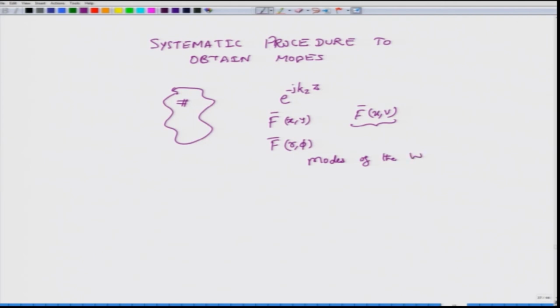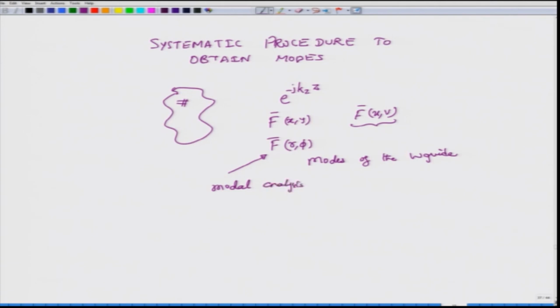The procedure that we are going to follow to obtain this f of u comma v, or f of r comma phi, or f of x comma y, is called modal analysis of the waveguide.